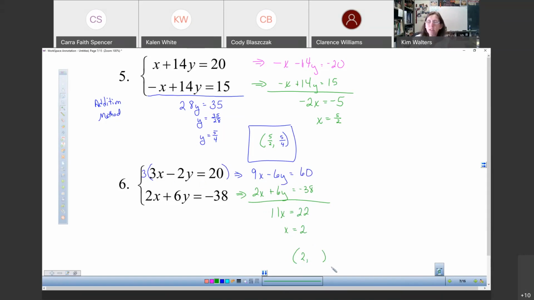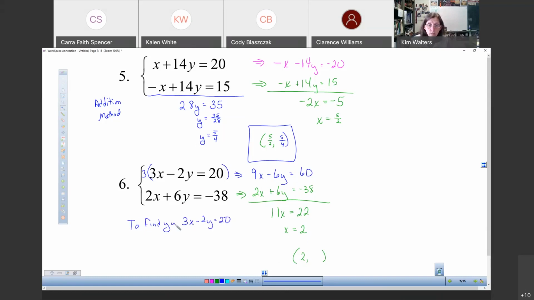You could go back and solve this for y by eliminating the x's, but it's a lot of extra steps in there. So to find y, I would take the original problem, 3x minus 2y is equal to 20.